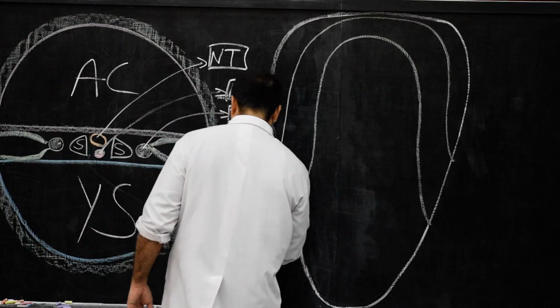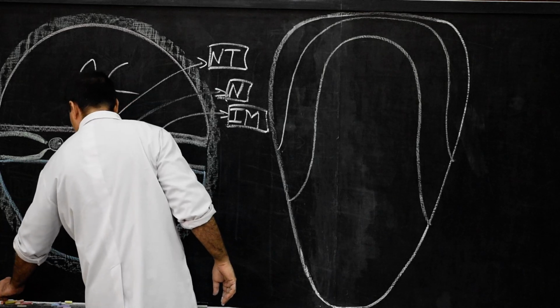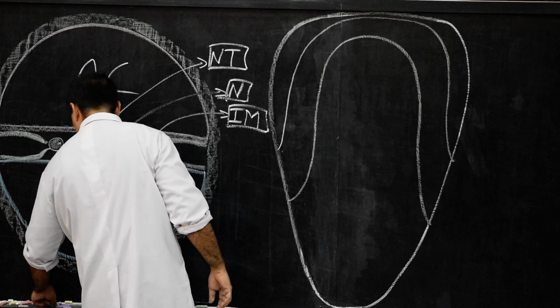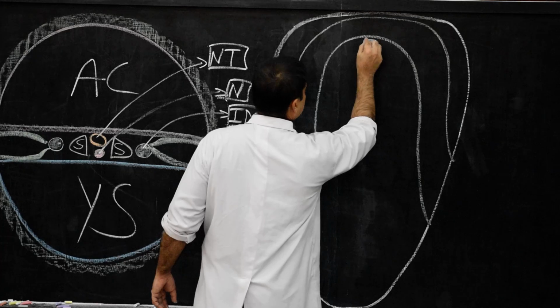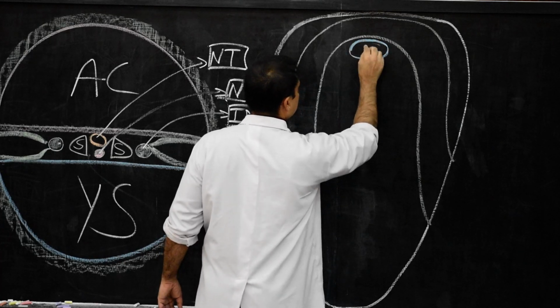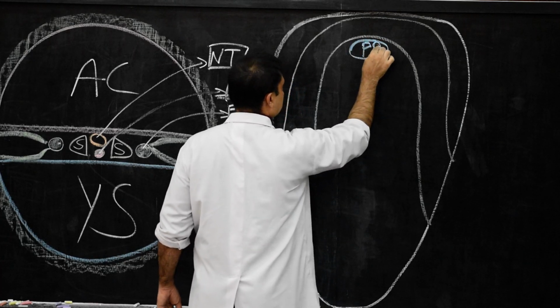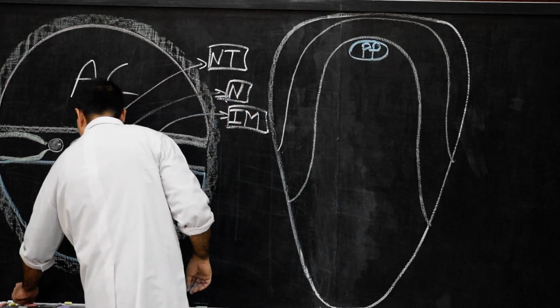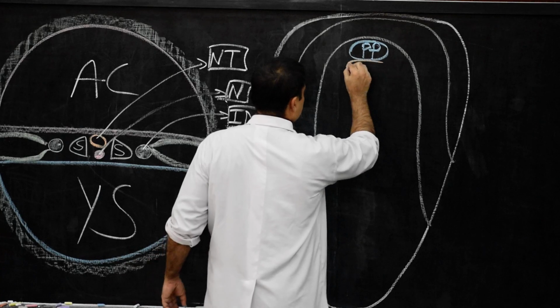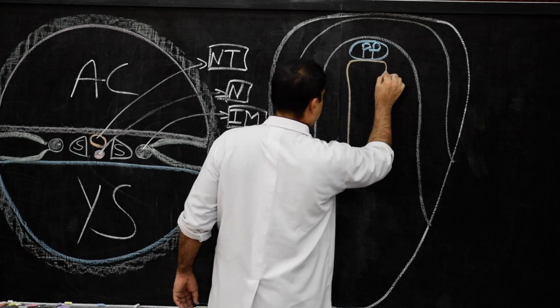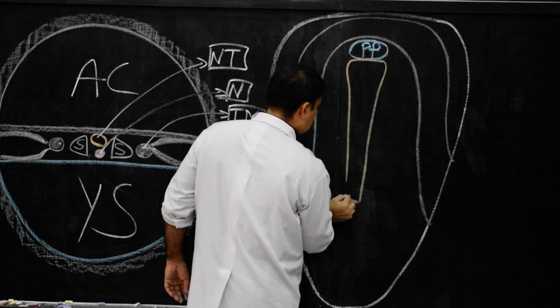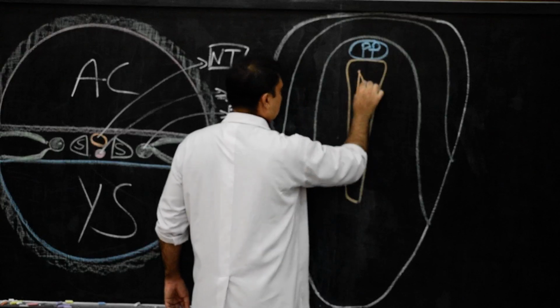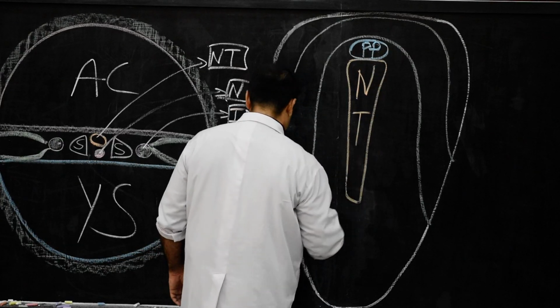What we are going to draw will be just behind it, the axis. So in the midline axis we are going to draw the precaudal plate. So therefore we are going to draw the buccopharyngeal membrane, that is precaudal plate. Here I am going to mark inside only precaudal plate. Behind that I am going to draw this neural tube. So therefore this is the neural tube. This is the central midline structure.